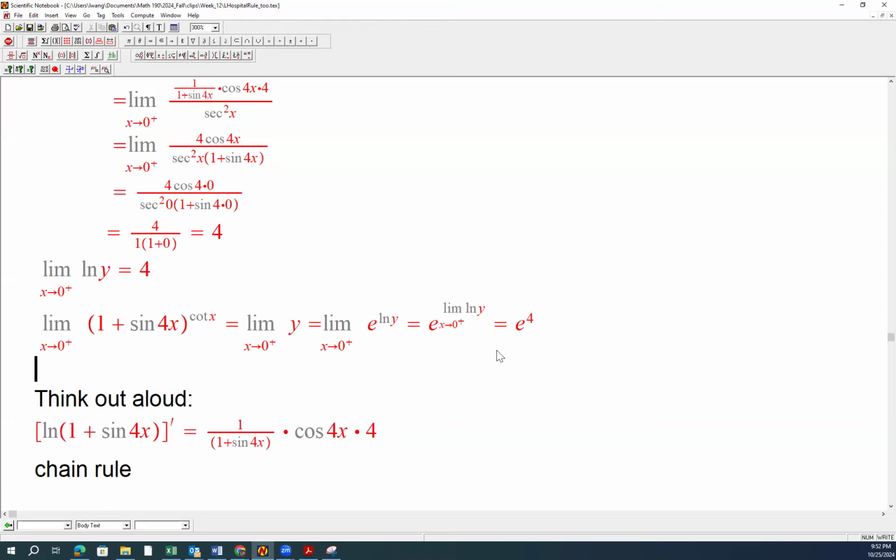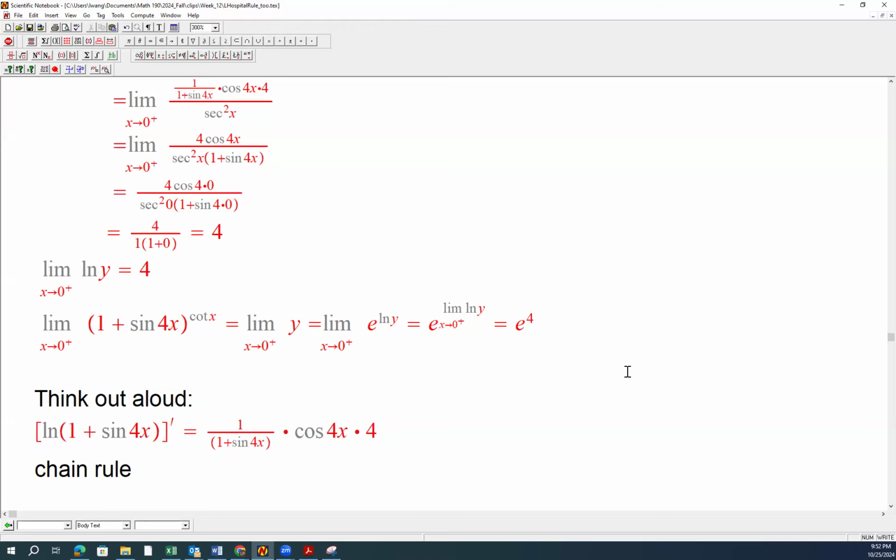All right. That was a long one. So let's recap what we did. We started out with the limit to be found. And we have the indeterminate form, 1 to the power of infinity. We don't know what that is. So we use logarithm.